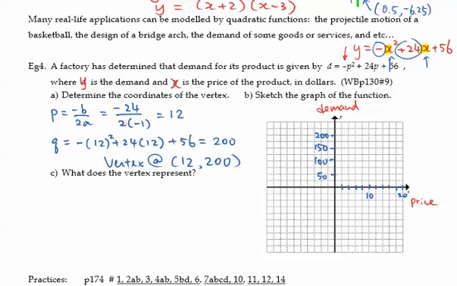Once I have this, 12 and 200 will be there. I have the vertex. Does it open up or open down? Open down, negative x squared. So we expect this parabola to go this way, but don't just make a random sketch. We can make use of one more thing to go with this graph.